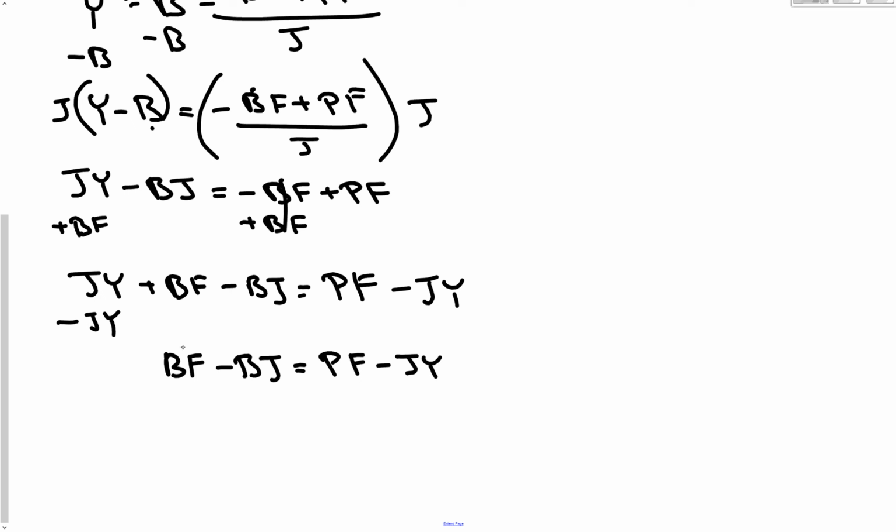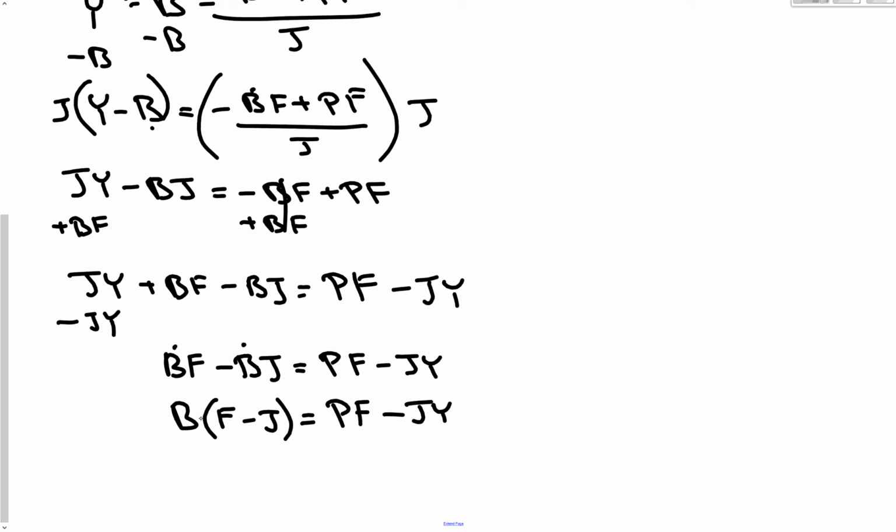And that's nice because now I have all my b's on the same side. And to put them together, I'm going to use the distributive property backwards, and that's called factoring. So I'm going to factor out the b to be left with b times f minus j is equal to pf minus jy.